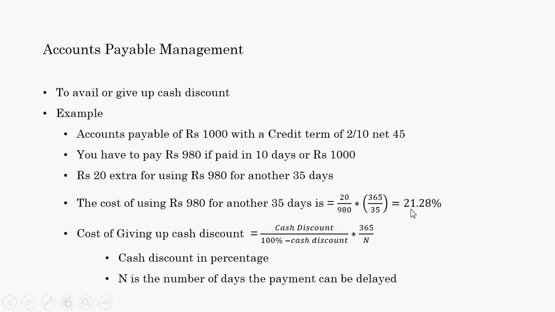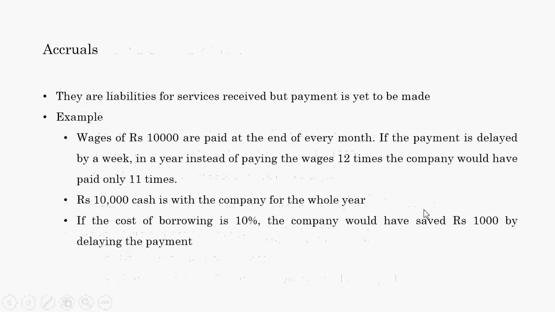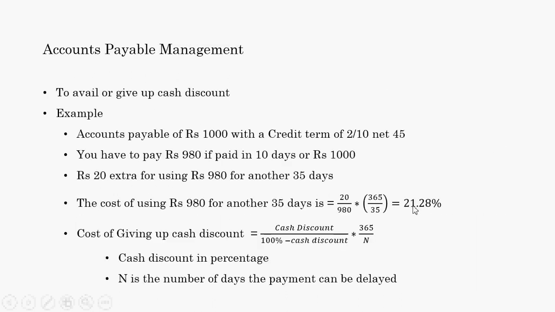So the cost of giving up on the cash discount here is 21.28%. This is a cost that you are incurring for giving up the cash discount. Now to know whether it is okay or not, you are going to compare this 21.28% with the cost that is available to you for raising funds from an external source.